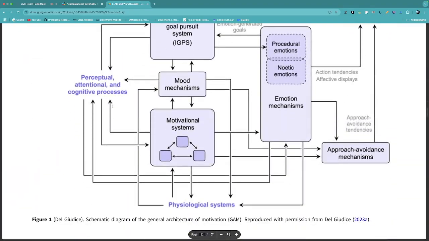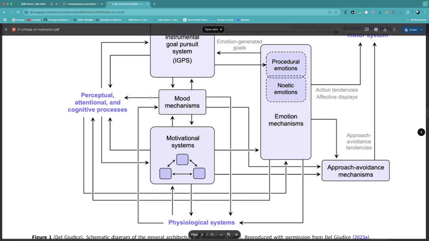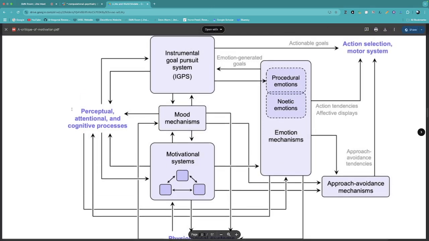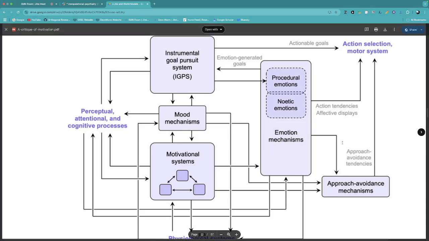So they insert their theory in here, where you have these different cognitive, perceptual, and attentional processes, and these aspects of goals and mood and motivational systems here, emotional mechanisms, action selection, and so forth.